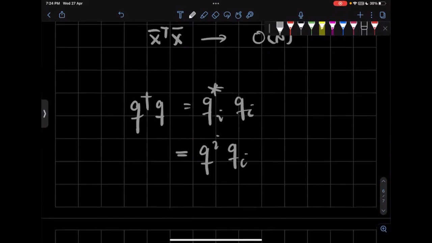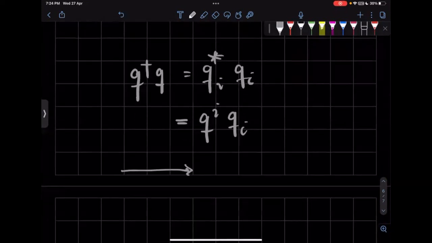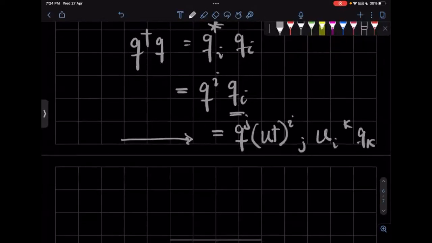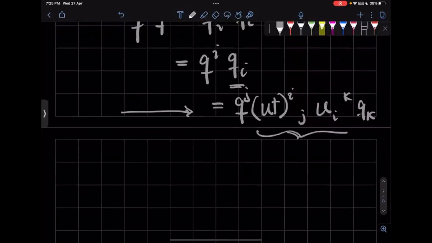So under a SUN transformation, the first factor goes to QJ, U dagger, with an I here and a J here, and this guy goes to U of IK, Q of K. But these guys are just U dagger U, and we know that is 1.